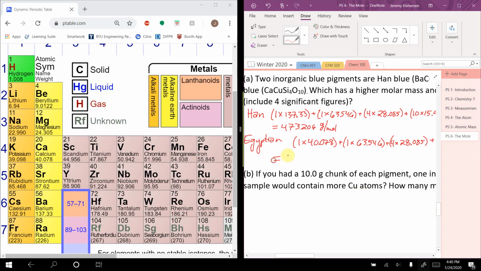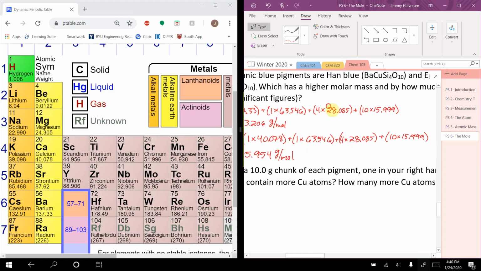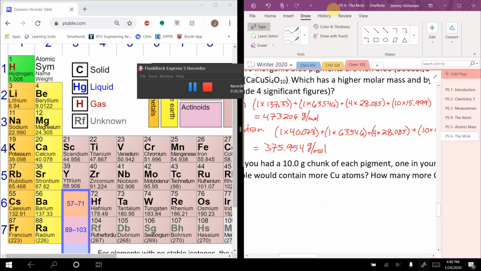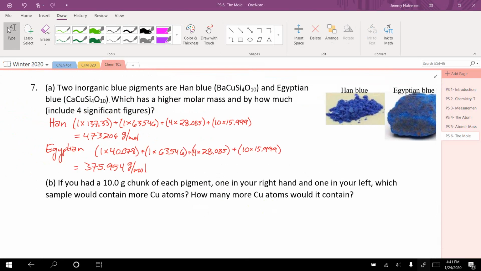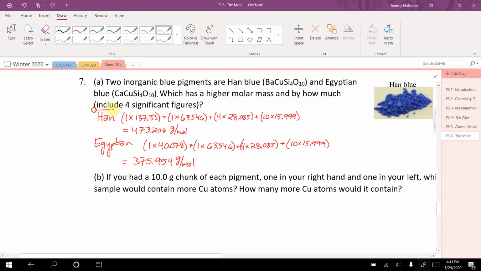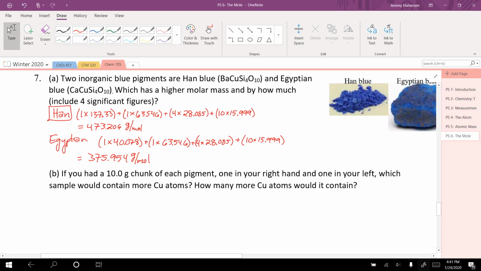This molar mass is 375.94 grams per mole. All right, and so then they want, which is a higher molar mass, so Han is higher, and by how much?